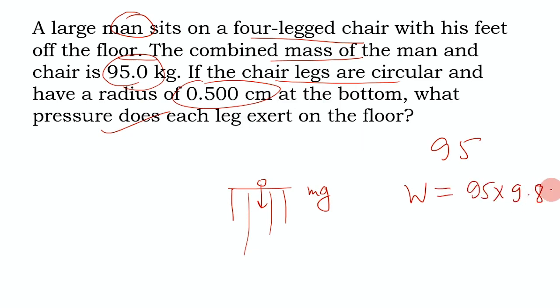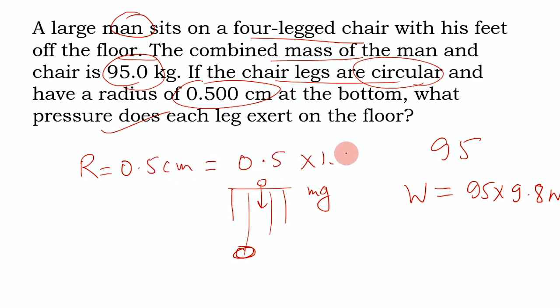Now the question says the chair legs are circular and have a radius. So the legs are circular and the radius is 0.5 centimeter, which we will convert into SI units. So it becomes 0.5 into 10 to the power minus 2 meter. At the bottom, what pressure does each leg exert on the floor?